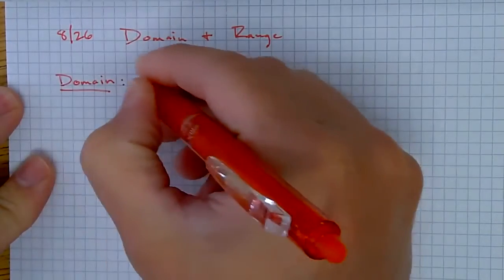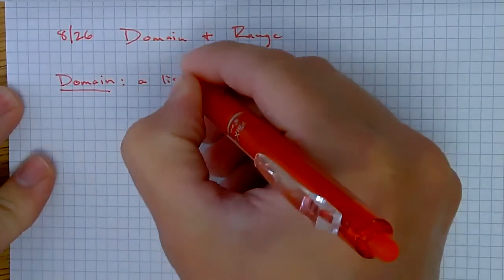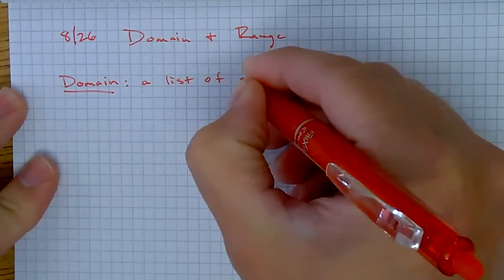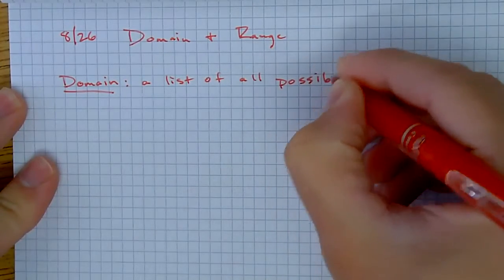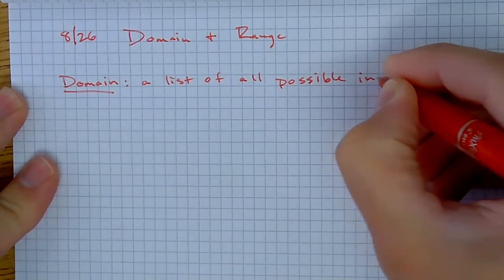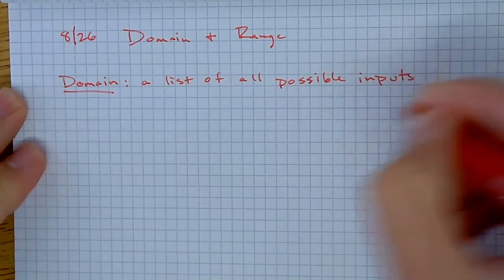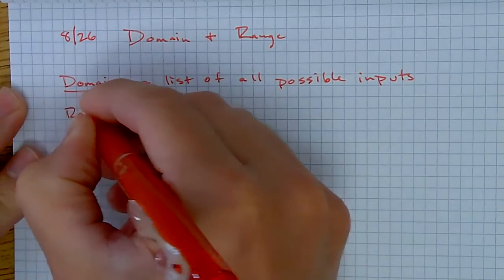So domain we defined as a list of all possible inputs of a function. I guess we'll just say inputs, it doesn't necessarily have to be a function.